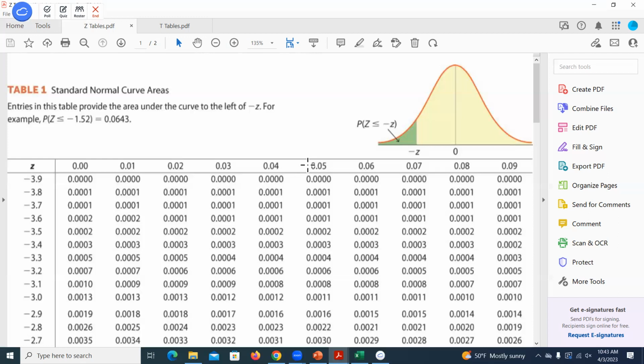So now what I want to find is some pair of critical values. They're the same value, but one's positive, one is negative, right? That's going to give me a total of alpha in my tails. So I want to find this critical value that gives me alpha total in the tails, which would mean there is half of alpha in each tail.